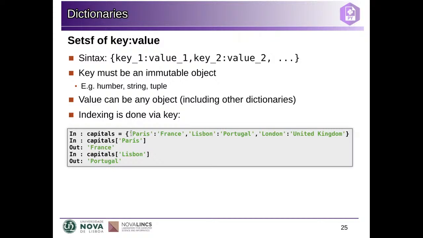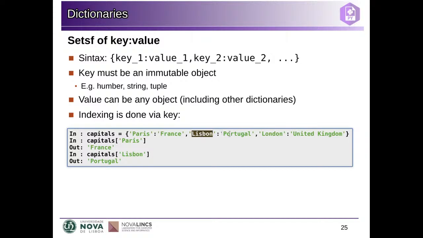Indexing is done via the key. For example, we can define this capitals dictionary by indicating for each capital what is the corresponding country. The syntax here is we use curly brackets at the beginning and the end, and we pair the key and value together using the colon character. And we separate the entries with a comma. So Paris is a key that has associated the value France.